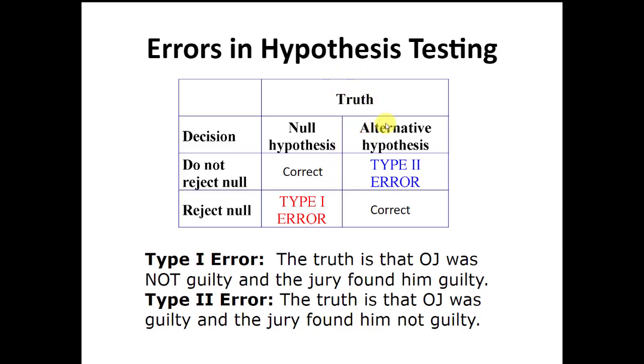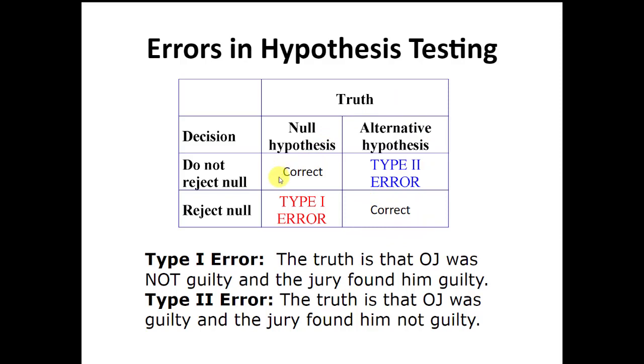If the truth is that they are guilty and the jury decides that there is enough evidence that they can reject the null of innocence and assume the alternate hypothesis of guilty, then the truth matches the decision.